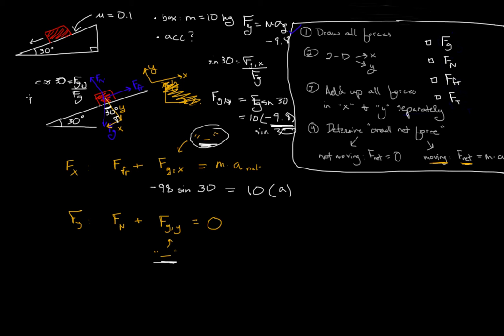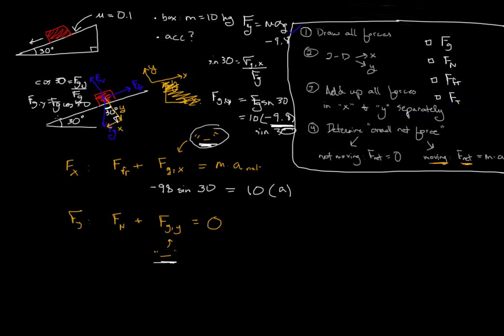So FGY is equal to FG cosine 30. And then what is FG? It's just your mass times negative 9.8, right? FG is just mass times acceleration, and we know our acceleration is negative 9.8.